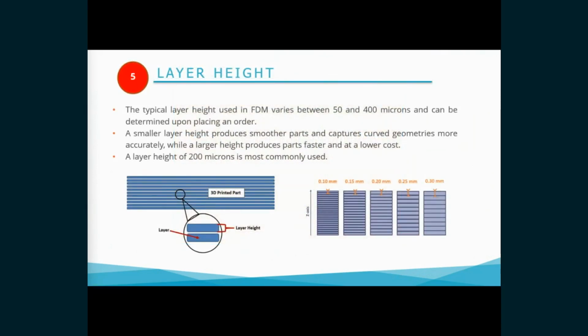So basically, the layer height is measured usually in millimeters or microns that your nozzle extrudes for each layer of the 3D print. It is also known as layer thickness and resolution in 3D printing.